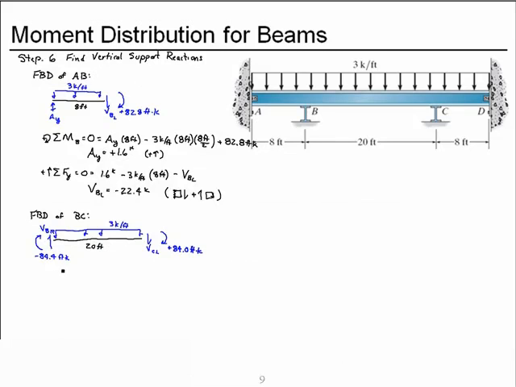So let's sum moments. Let's take them about point C. Again, I'll choose clockwise as positive. And so I get a positive contribution from the left moment, which is a negative 84.4.